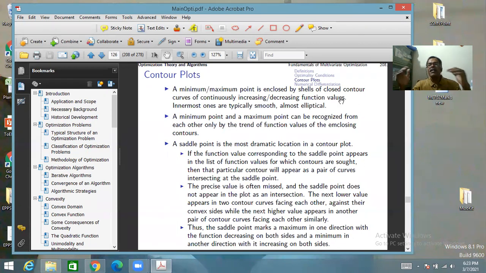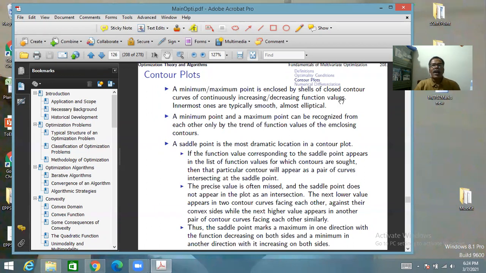And after that, the shells may not remain closed. I mean, they might keep on changing their shapes, and even some of them might be open. But just around the minimum point, because of the continuity of the function, for some zone you will find that feature of enclosed shells, and the shapes of minimum and maximum will be the same.